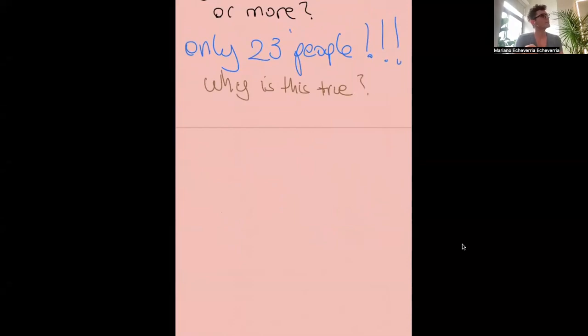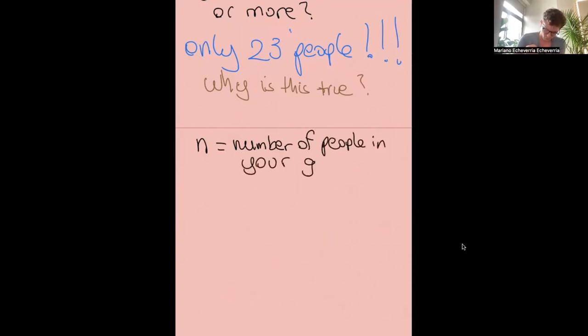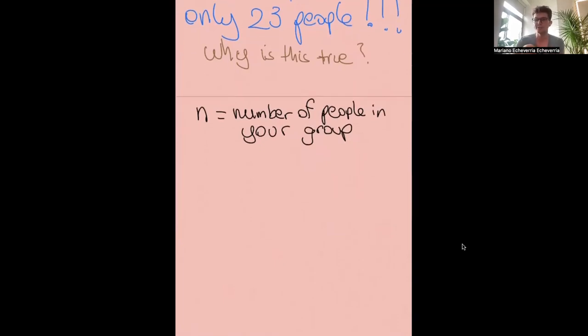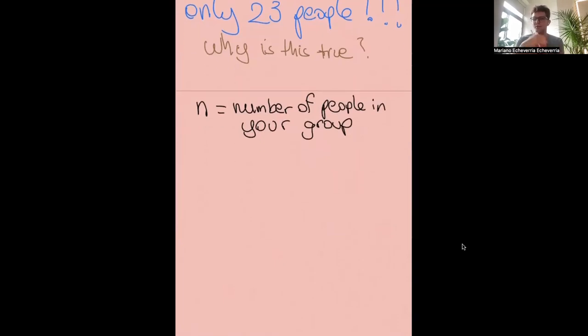Okay, let me try to explain it; there are different ways. Hopefully this will make sense. Let's say that n is the number of people in your group. How many total options do we have here? We have done this many times.